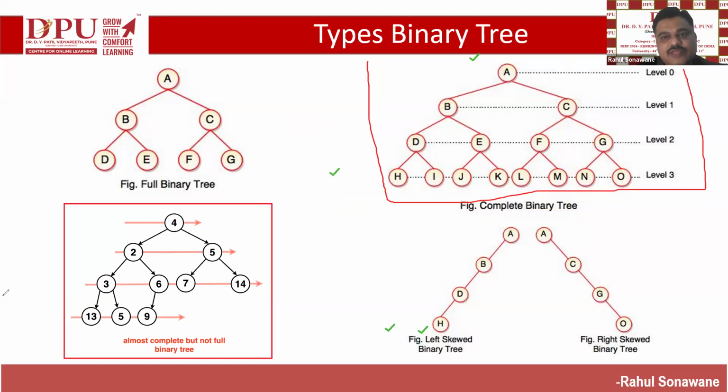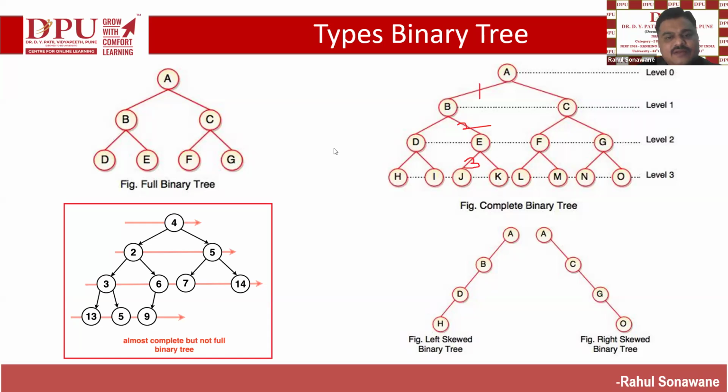Yes, Atul, you want to say anything? What is the height? Just count the number of edges from the root to the leaf of this tree. So this is first, second, and third.